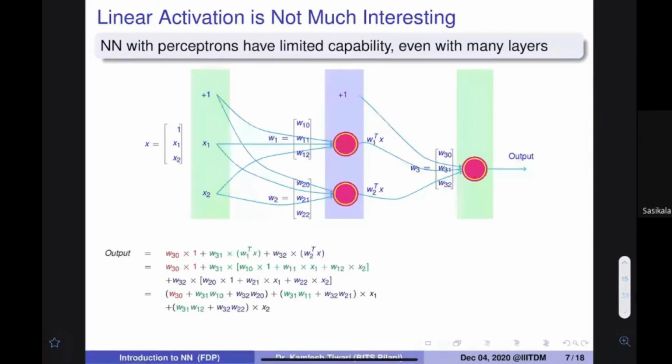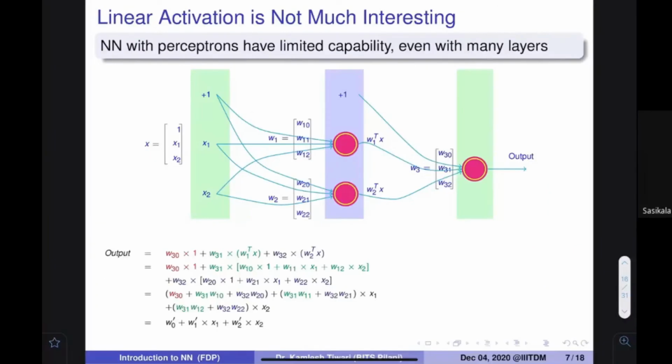Here W30, W31, W0, these are weights, because W's are only weights. So here everything is weight, here everything is weight, here everything is weight. Then there is W x1, then one weight is multiplied by another, then another weight is added, then this is x2.